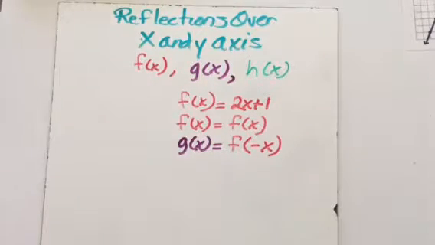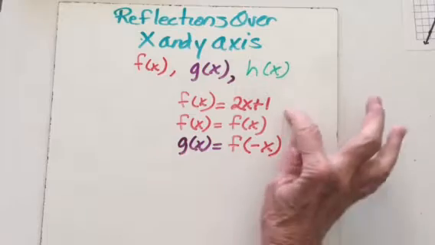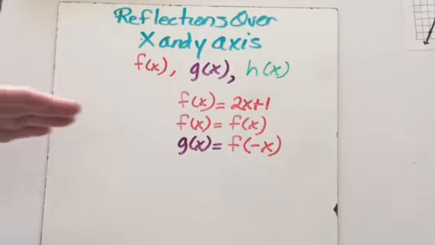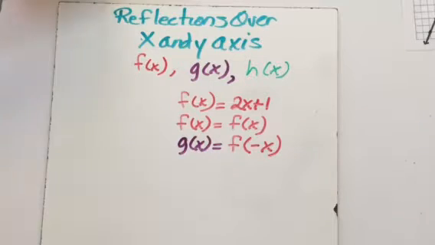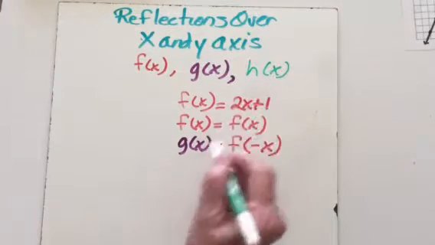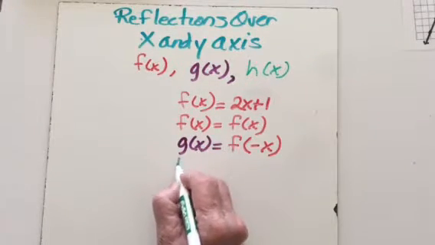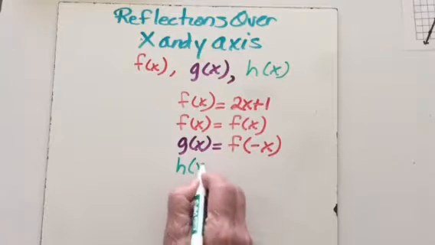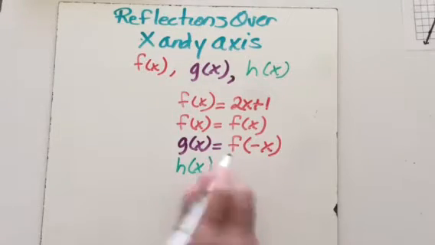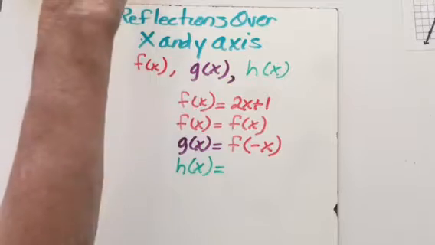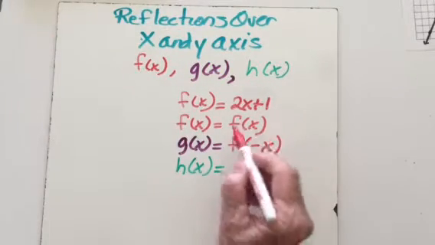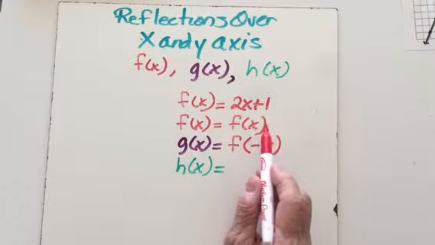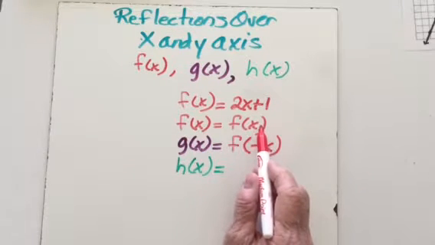All right, what if I wanted to take this same equation and flip it over the x-axis? Well, now I'm going to say h of x. I'll say h of x is going to equal, again, I'm going to use my red, f of x, but what happens now?